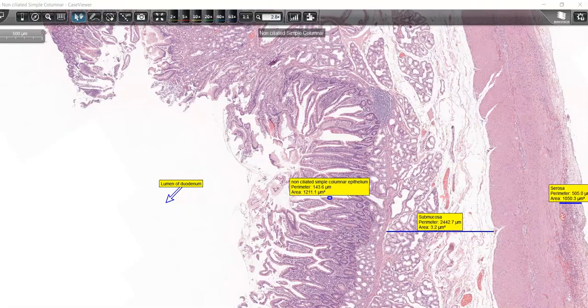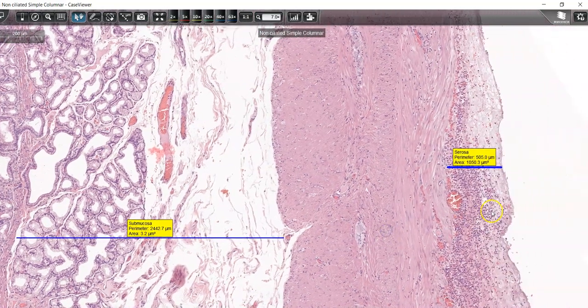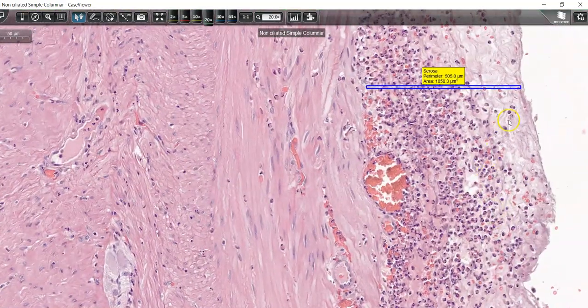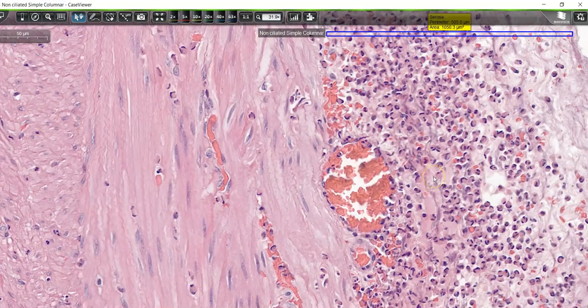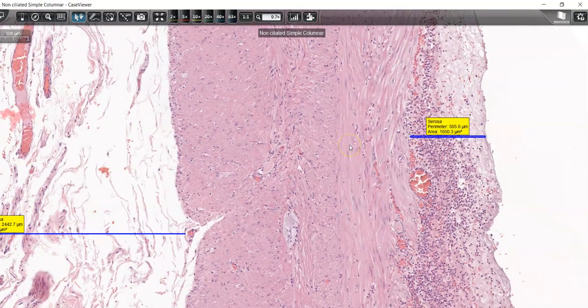At the serosa layer, as we can see here, this layer consists of fibrous connective tissue and is also enriched with cells. Meanwhile, above this serosa layer is the muscularis externa layer. This layer constitutes smooth muscle fibers.